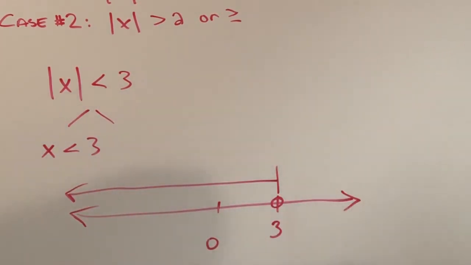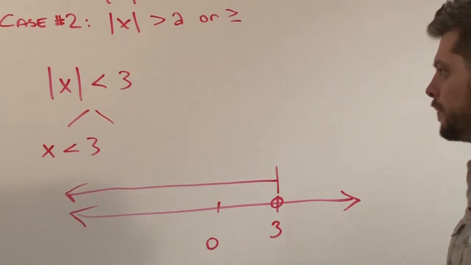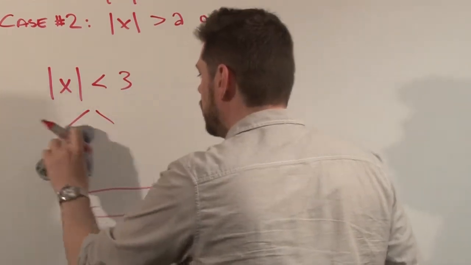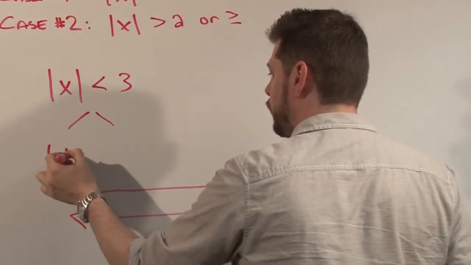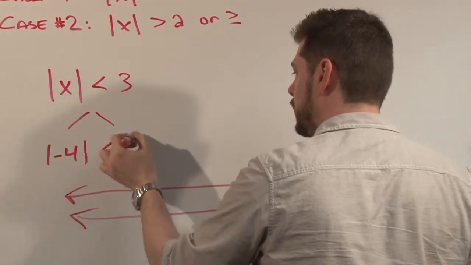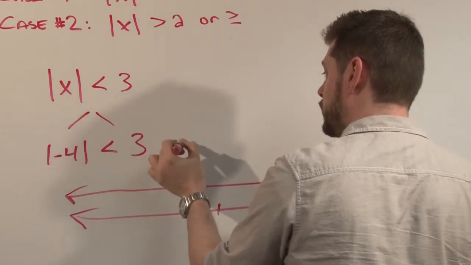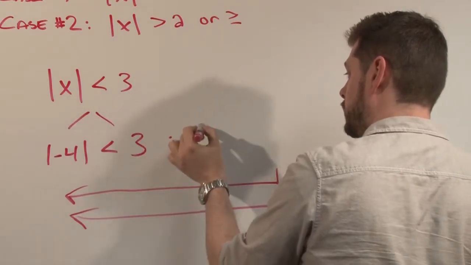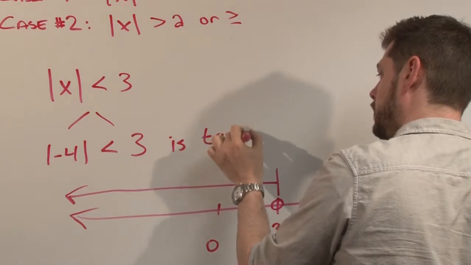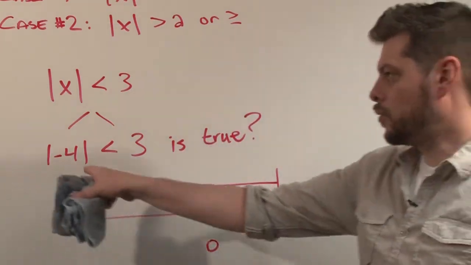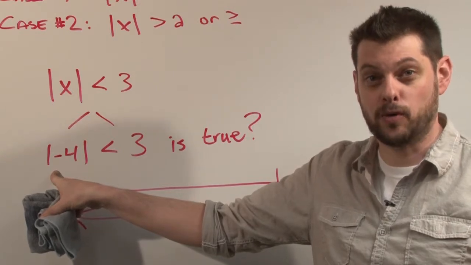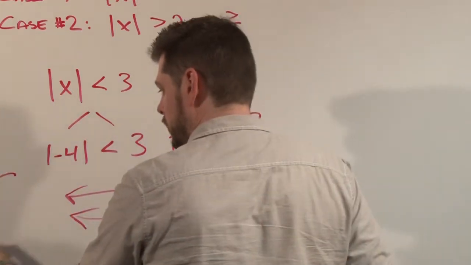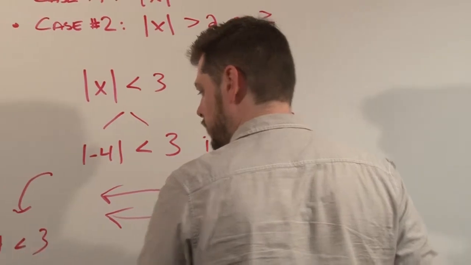But is this the solution to our inequality? No, it's not. Why isn't it? Because as soon as I put negative 4 in here, and I ask, is this true? When I take the absolute value of negative 4, I get positive 4. Is positive 4 less than 3?